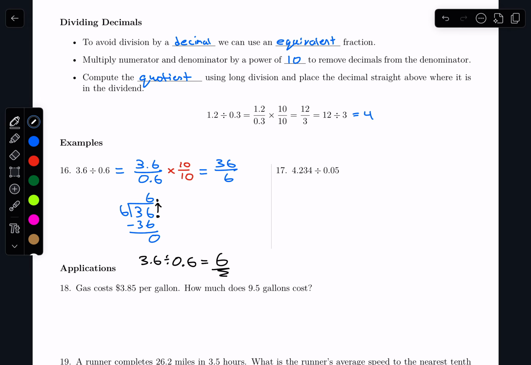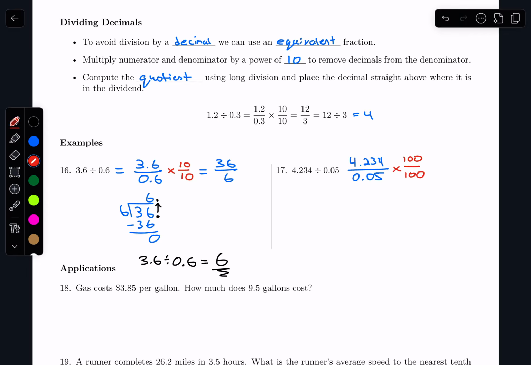For 17, we have 4 and 234 thousandths divided by 5 hundredths. When we write this as a fraction, it's 4.234 on top and 0.05 on bottom. I want to make the denominator a whole number, so I have to move this decimal twice to the right. To move it twice, I have to multiply by 100.